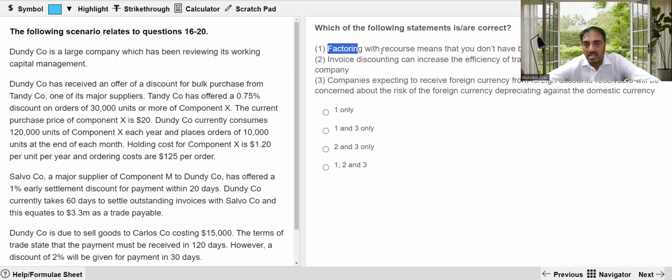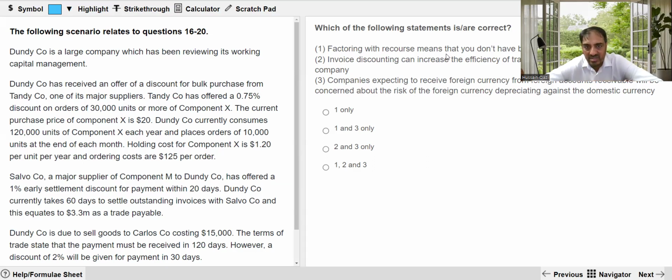Factoring with recourse means that the company does not have bad debt insurance with the factor. Okay, that's recourse factoring. The statement is true.